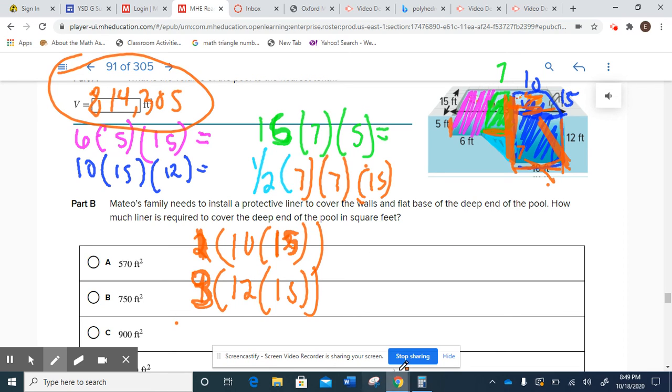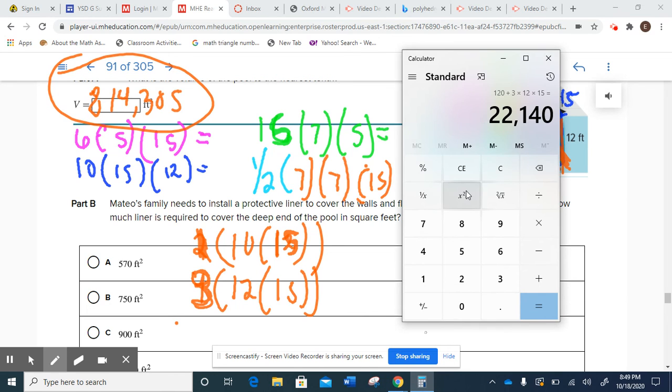Let's see if we can get it. So 150 for the bottom plus 3 walls. Let me look at the picture one more time.